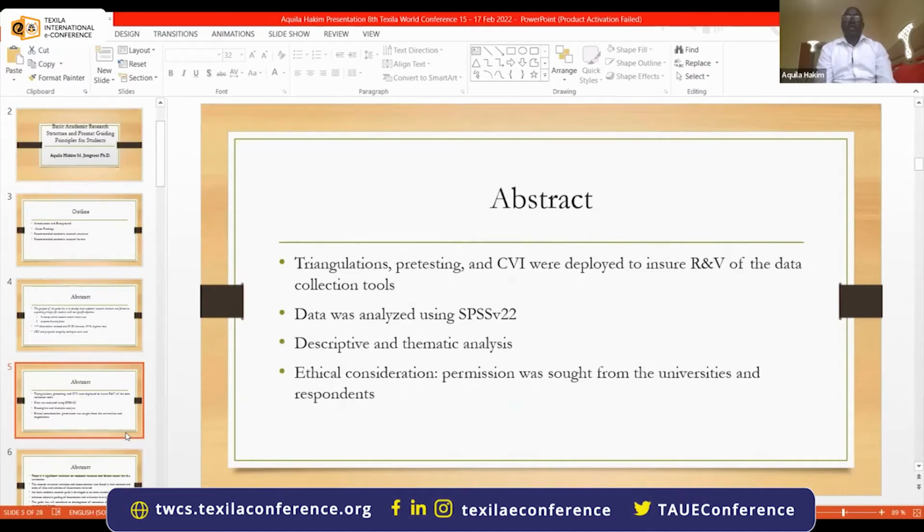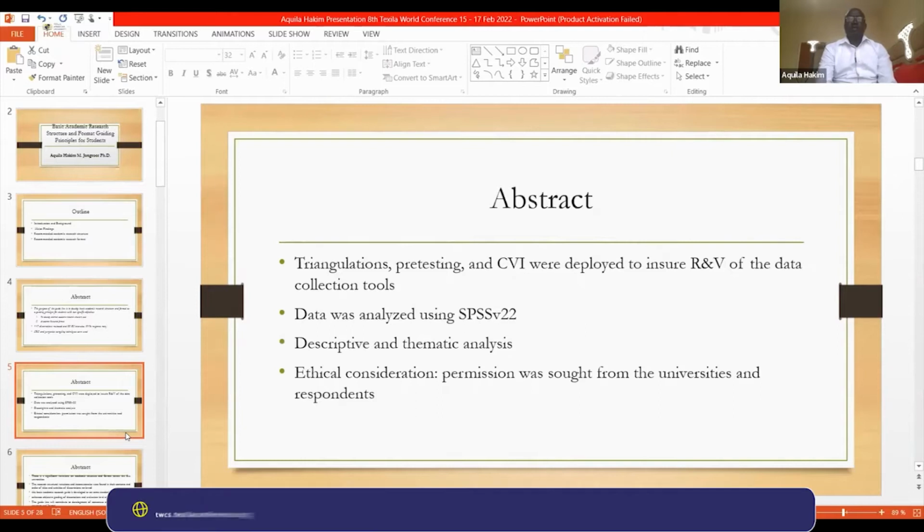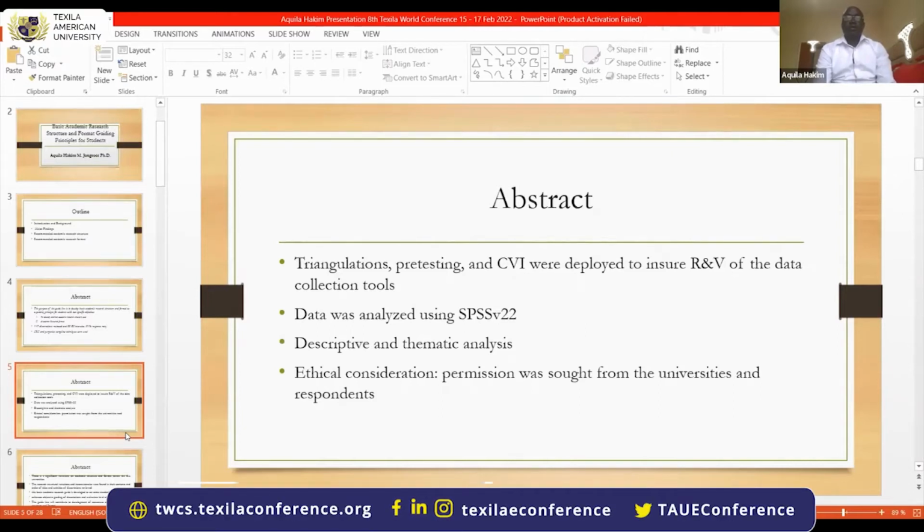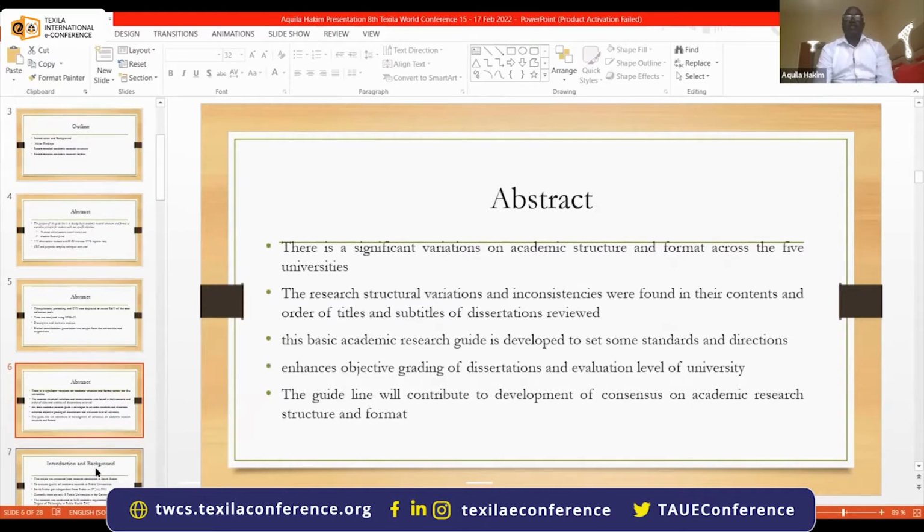Data was analyzed using SPSS version 22. Descriptive and thematic analysis were used. Ethical contributions were made by having permission from the universities and the respondents having a consent form before they participated in the research.